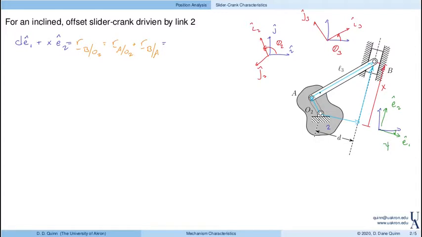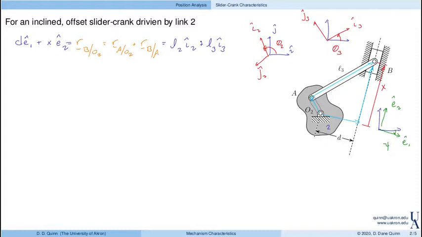And on the other side, we'll write this as L2 in the I2 direction plus L3 in the I3 direction.